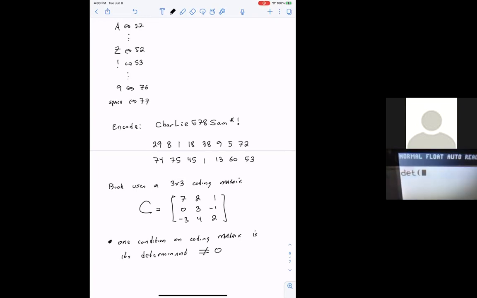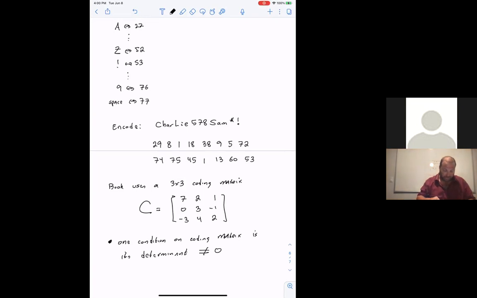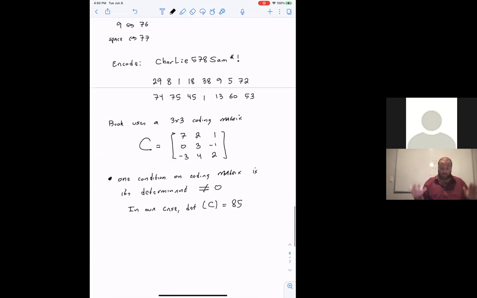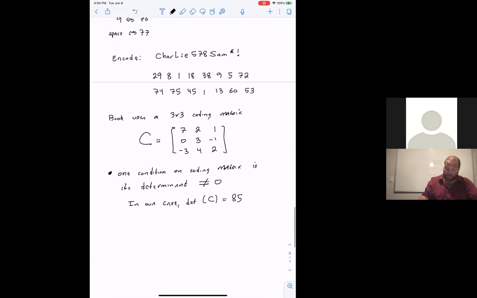Det. Determinant of A, and it gives me, in our case, the determinant of C is equal to 85. So we're good to go, 85.